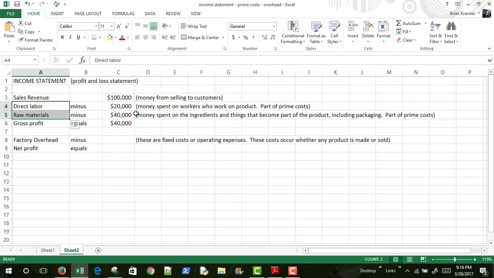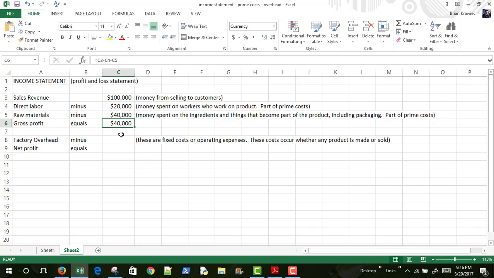So what we do is we take the sales revenue, we're going to subtract, so I wrote minus here, direct labor, right? Raw materials, we're going to subtract that as well. So if we have $100,000 and we subtract $20,000 and we subtract another $40,000 for raw materials, we have what we call gross profit. Gross profit would be what's left. 100,000 minus 20 minus 40 is what we have left, 40,000.